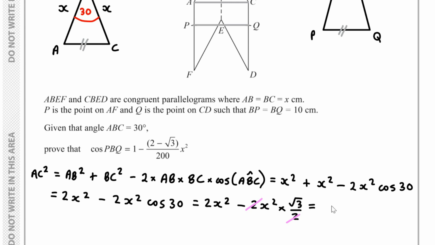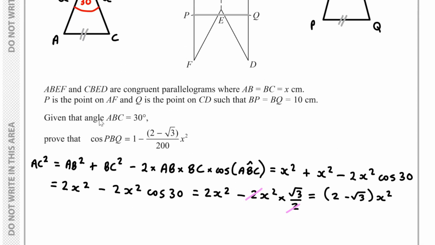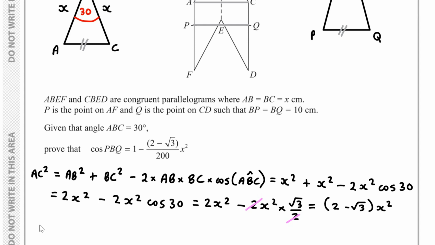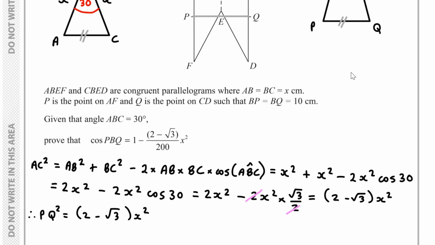So I end up with, if I factorize out the x squared, 2 minus root 3 x squared. So that's what AC squared is, and this will of course equal PQ squared. So therefore PQ squared is equal to 2 minus root 3 x squared. So now I can use a cosine rule here.